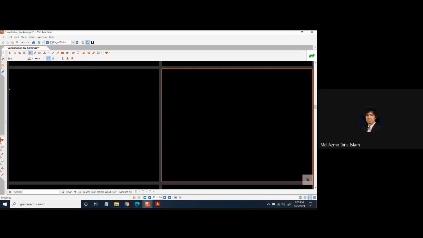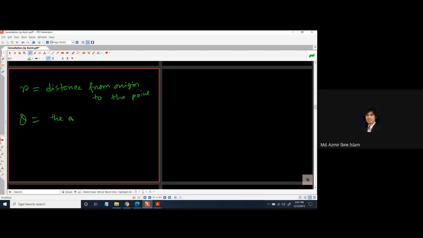So r is the distance from origin to the point, and theta, for now, please try to understand that theta is the angle from positive x-axis to the hypotenuse or to the line.